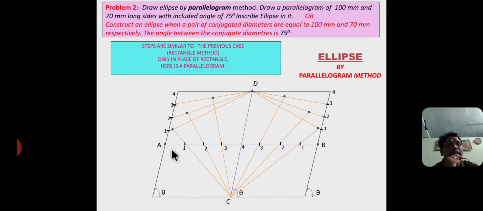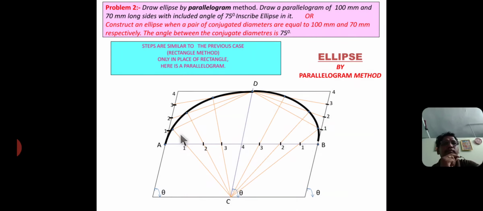Join all these intersecting points through a smooth curve. This is the quarter portion of the ellipse by using the parallelogram method, and this is the half portion of the ellipse.